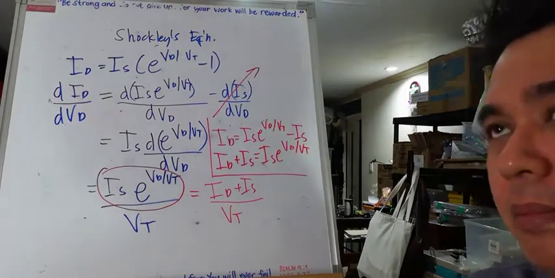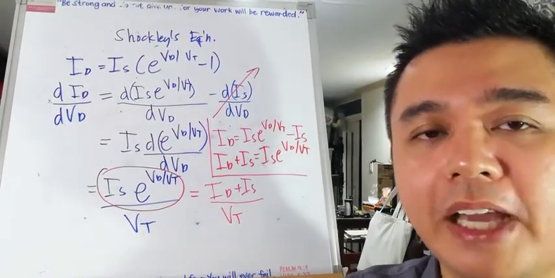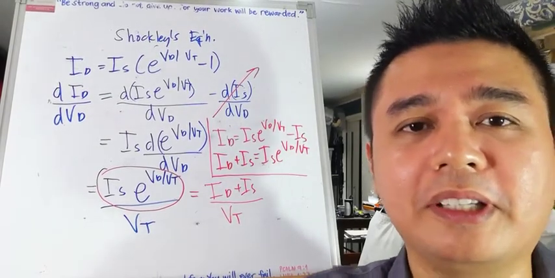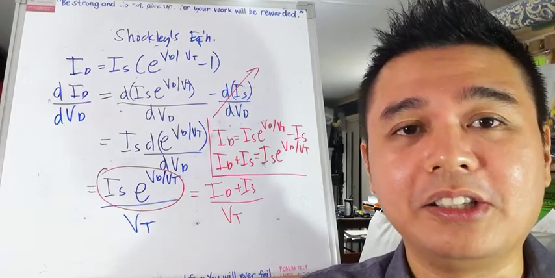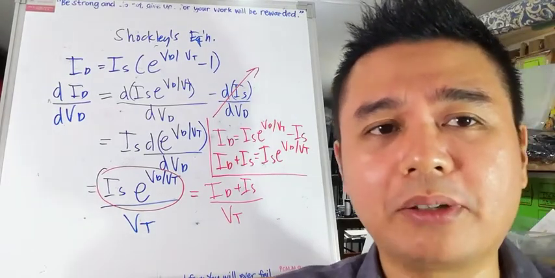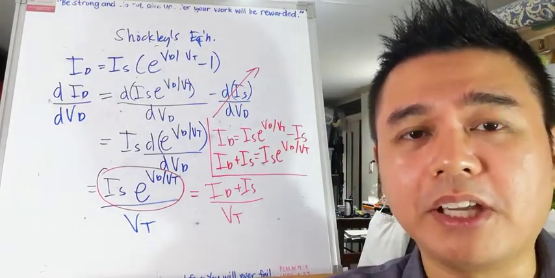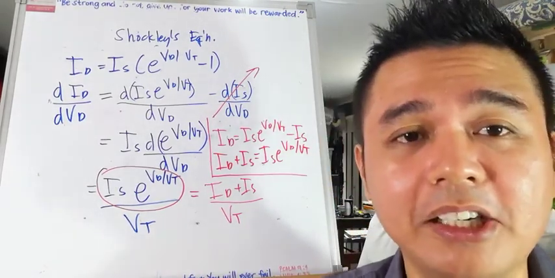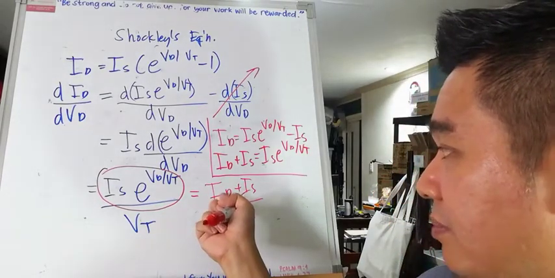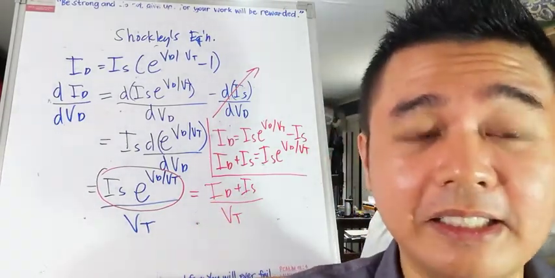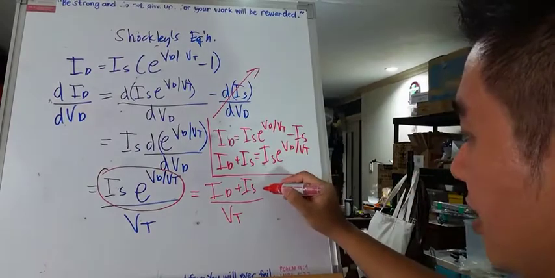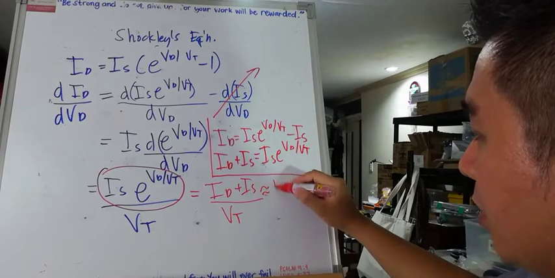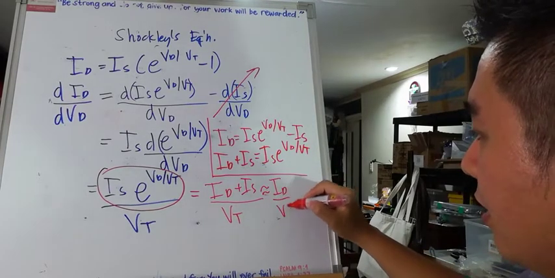Okay. But ano bang difference ng forward diode current tsaka ng reverse saturation current? Hindi ba't ang reverse saturation current is sobrang liit? No? So in the range of nano or microamperes yan or maybe even picoamperes. Ano ang level ng I sub D? Naka-milliamperes yan. So higit na mas malaki yung I sub D sa ating I sub S. That is why we can approximate this one to be approximately equal to I sub D over VT.